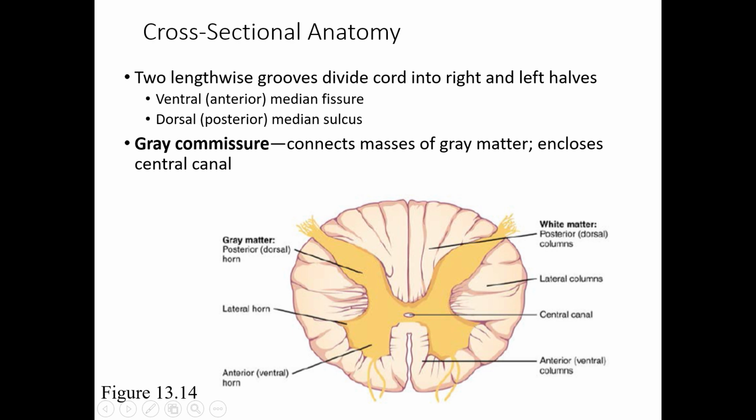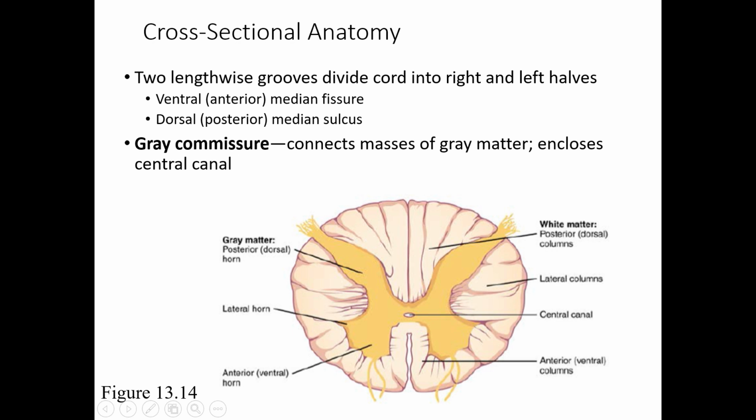So when you label that, you should say either ventral median fissure or anterior median fissure. The other one is the posterior median sulcus, or dorsal median sulcus. Dorsal is the back of the body, and that is the front of the body, ventral. The connection between those two parts goes right here.